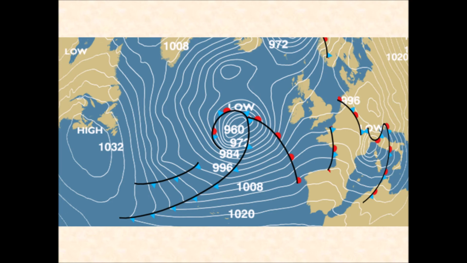We've got that cold front with your black line with your blue triangles on as well. And I did refer to an occluded front before. So an occluded front is what you can see on the right hand side just over Europe. And this is where you have your red semicircles and your blue triangles on the same line. That's what we call an occluded front for your wider knowledge there.